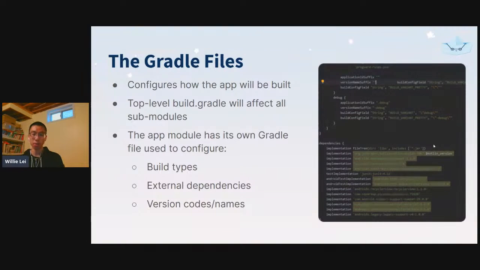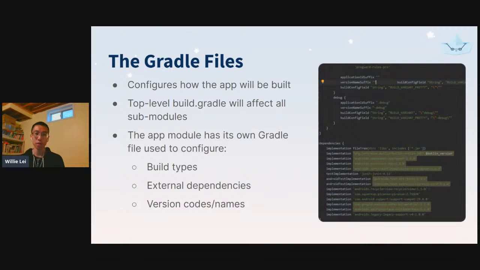We only have one submodule right now, which is the Android application. But if you do want to create other modules, such as some really complex Java code that you might need within your app, then you can use this top level Gradle file to be able to define various configurations.